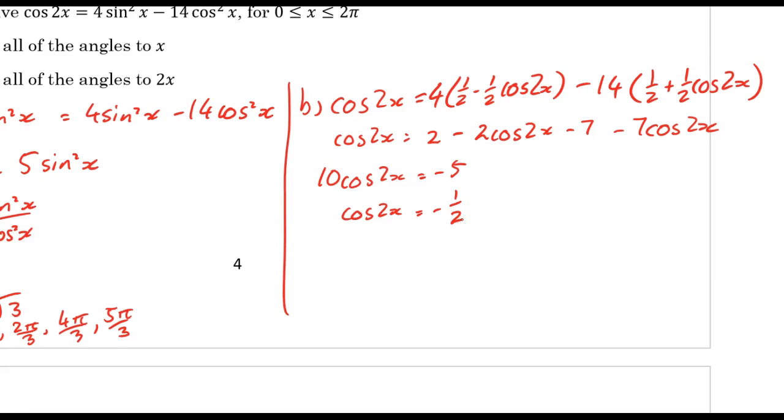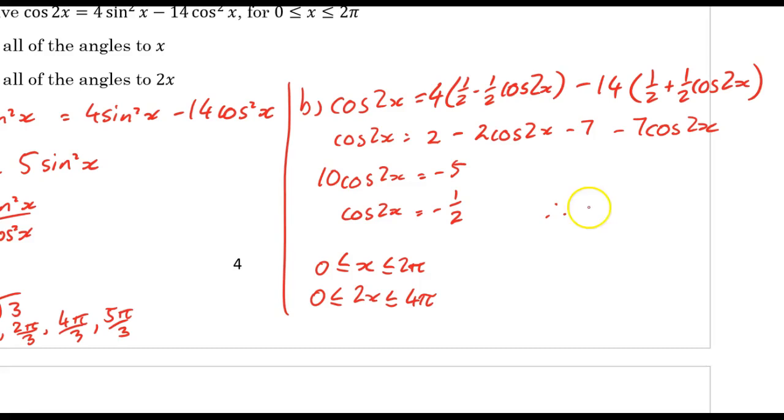Now, for my range, if 0 is less than or equal to x, less than or equal to 2 pi, make sure I get it right this time, 0 is less than or equal to 2x, less than or equal to 4 pi. Make sure we pick up all the possible solutions here. Therefore, for cos to be negative, it needs to be second and third quadrant.